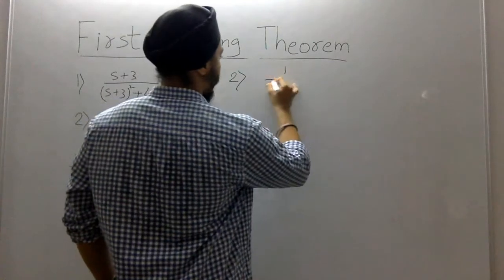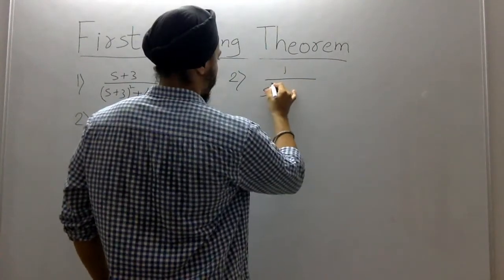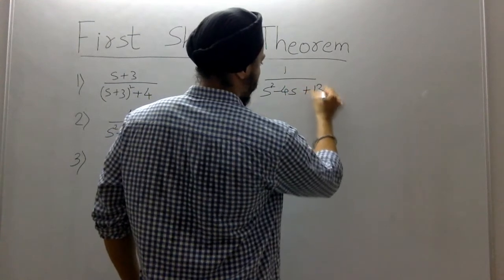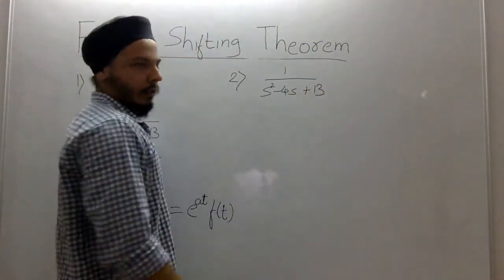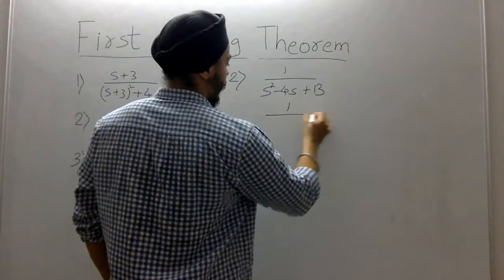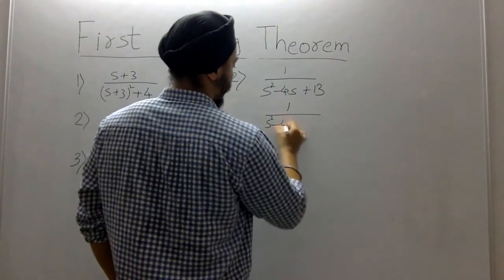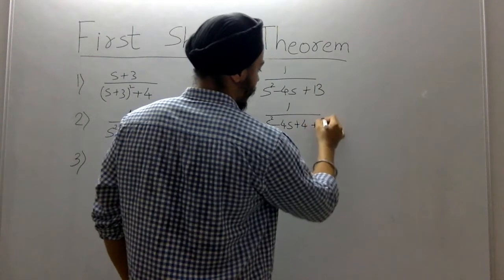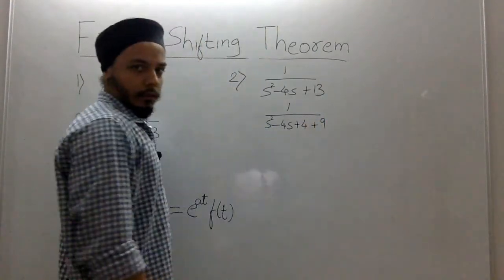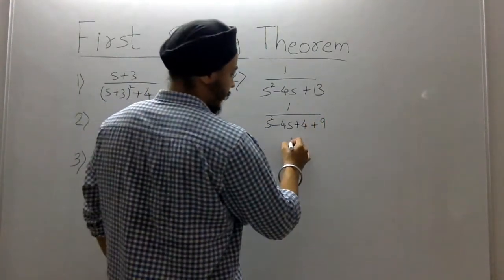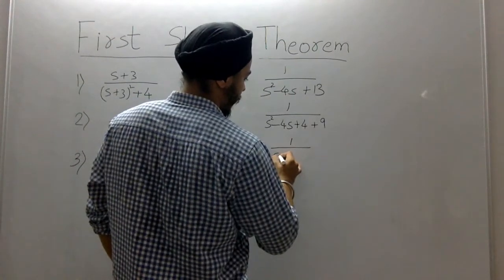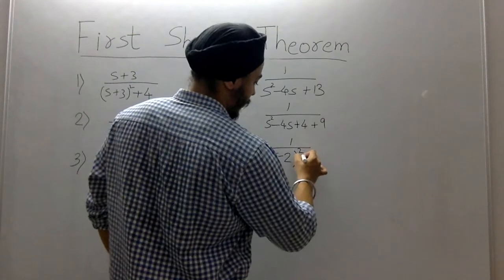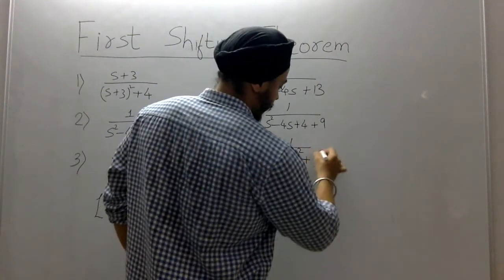The second function is given as 1 over s square minus 4s plus 13. We can write it as 1 over s square minus 4s plus 4 plus 9. So this will become 1 over (s minus 2) whole square plus 3 square.